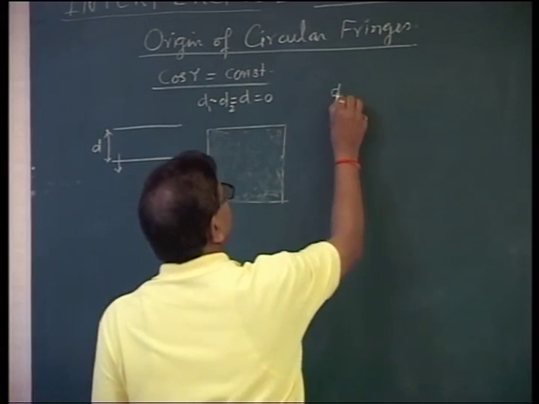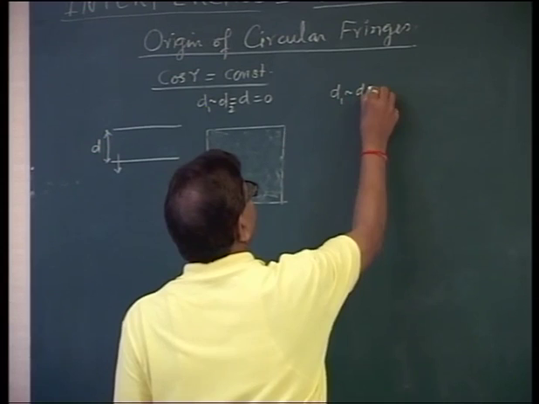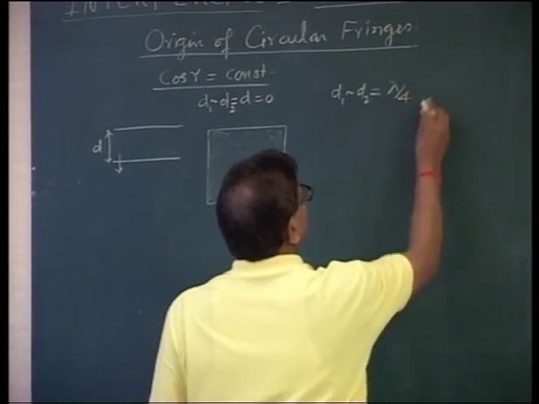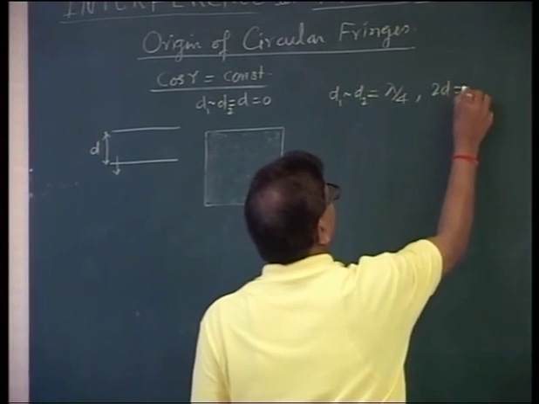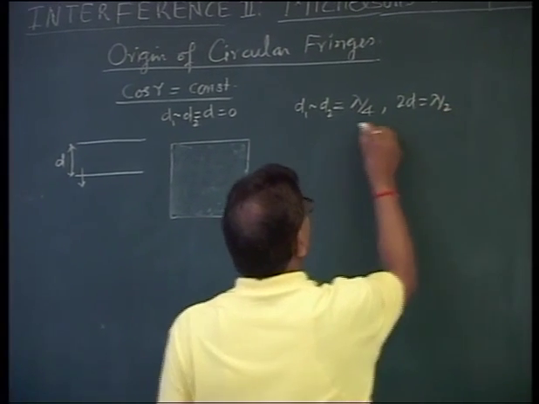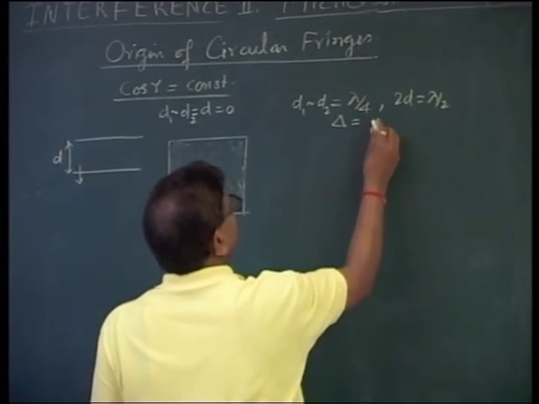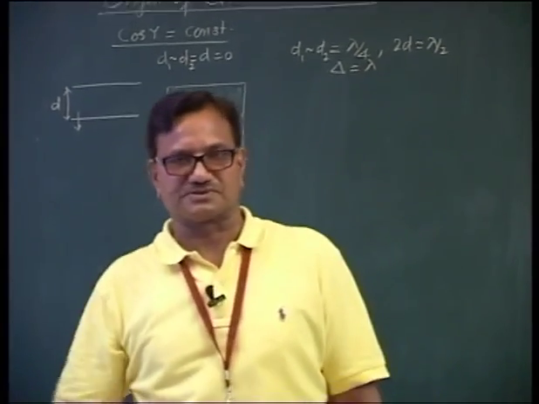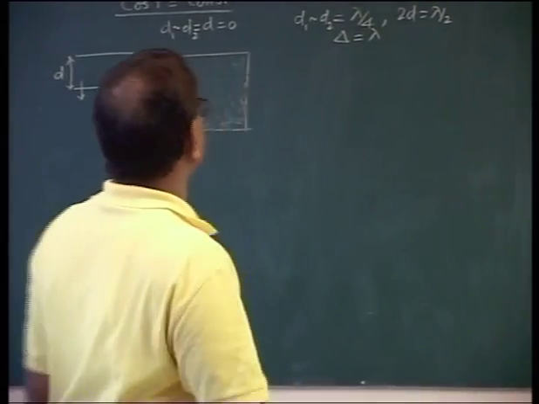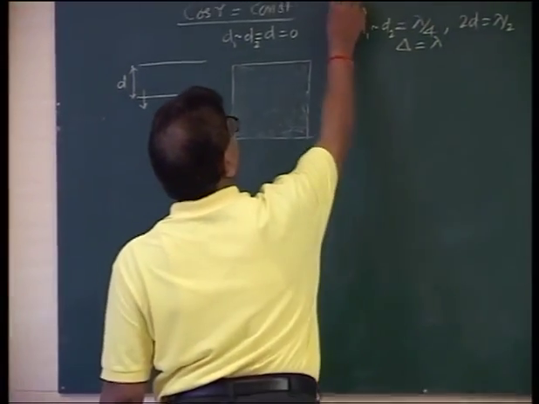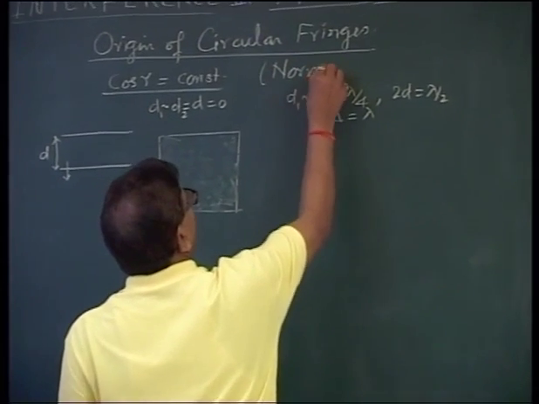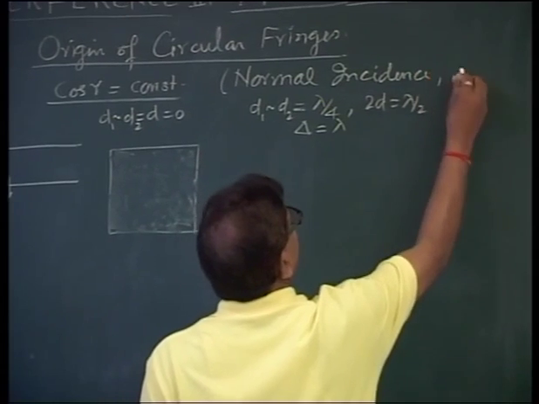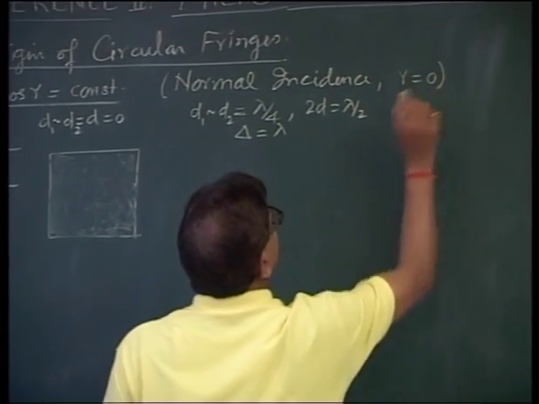Then suppose d1 minus d2 is lambda by 4. That means 2d will be equal to lambda by 2, and the net path difference then becomes lambda. That means there will be a constructive interference. We are observing normal incidence, that means r is equal to 0.